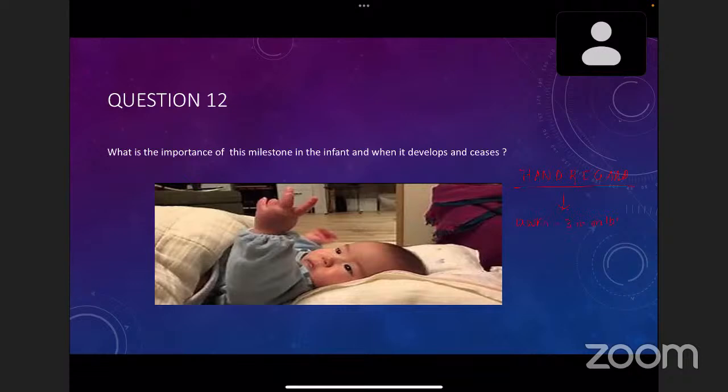By 5 months it has to cease. If it does not cease, then persistence of hand regard is pathological and seen in cerebral palsy. Cerebral palsy, right?